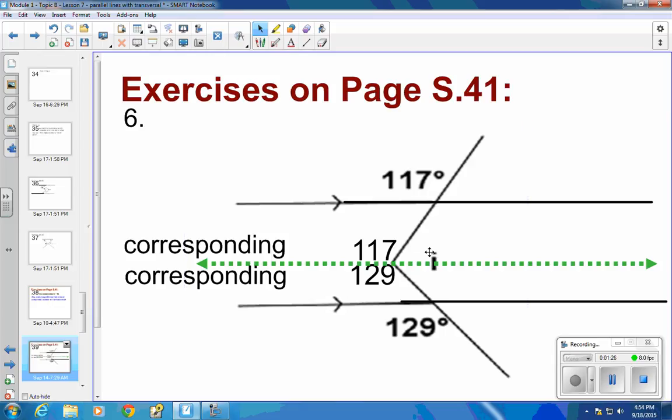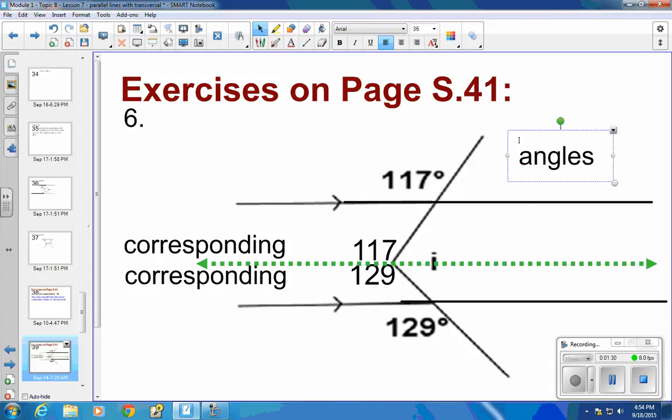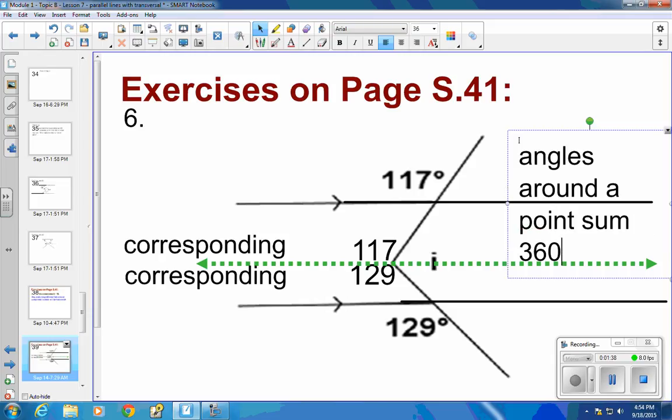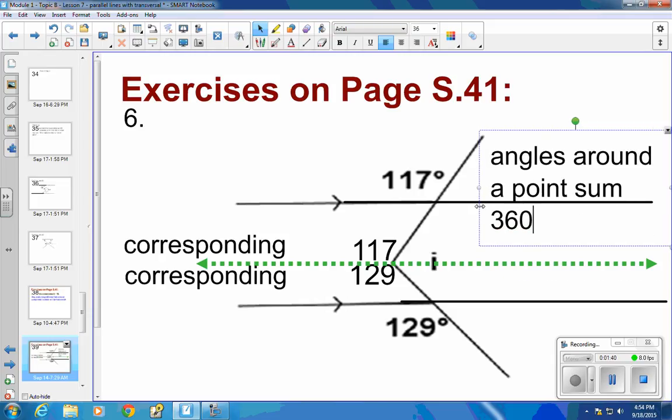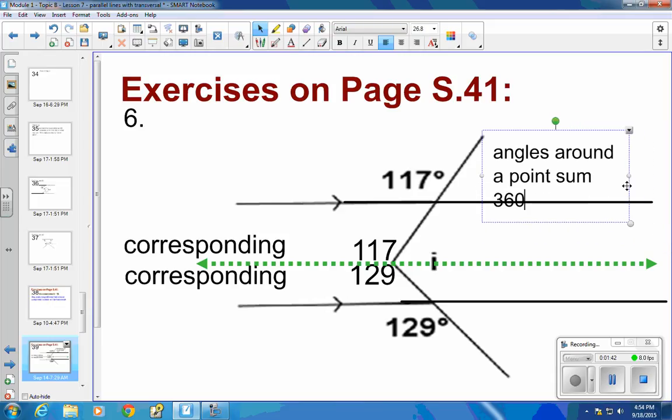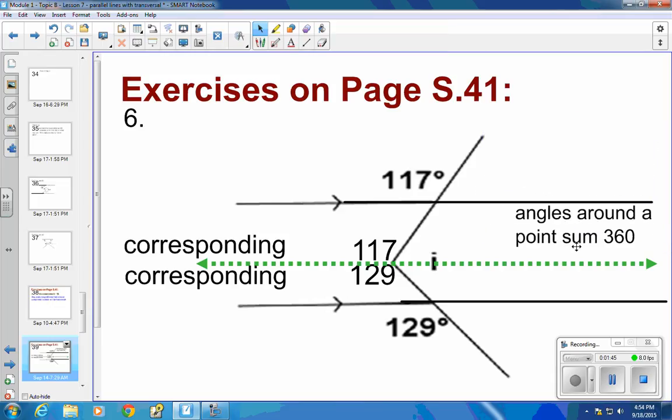Then we know if we go the whole way around here, we should get 360. So angles around a point sum to 360 is the last idea we're going to use.